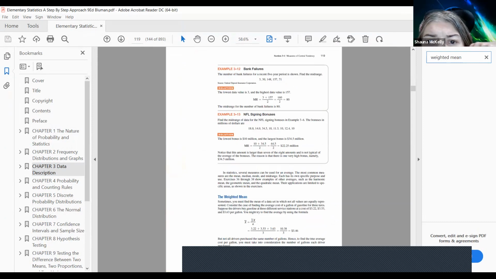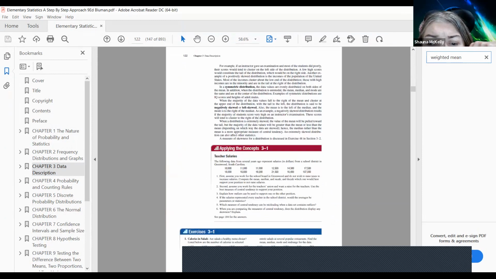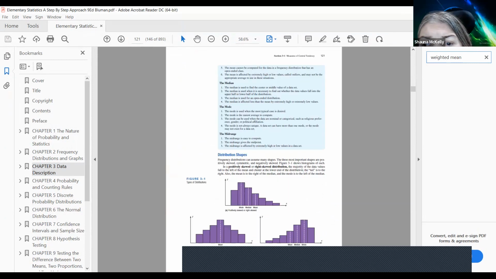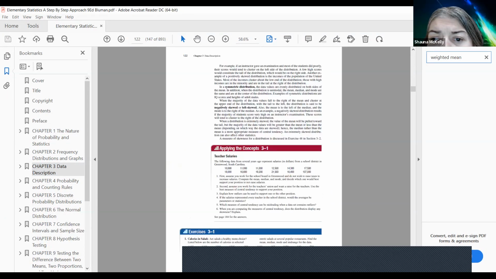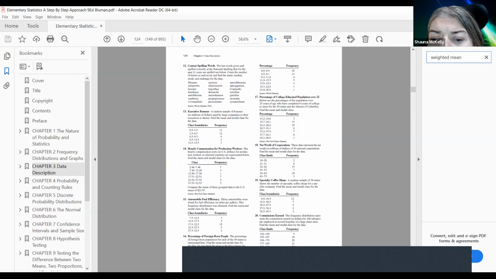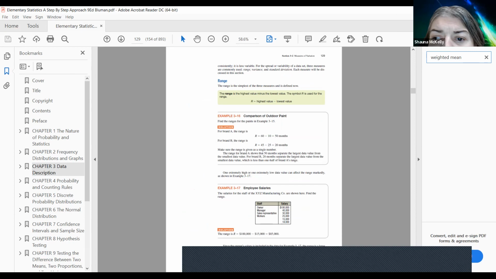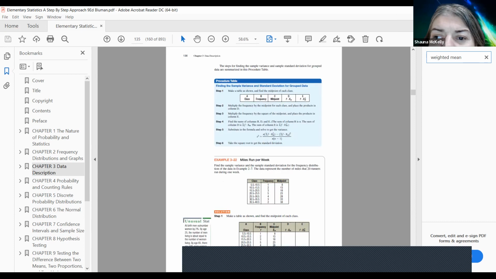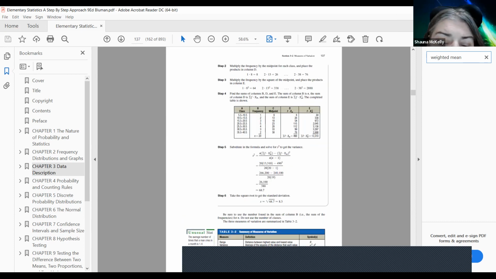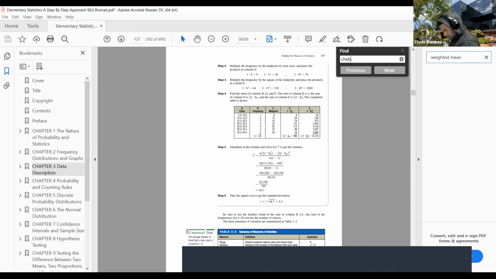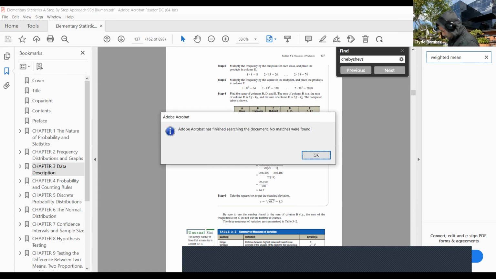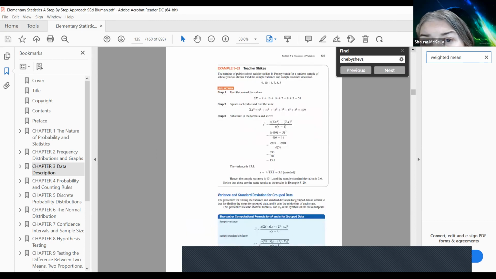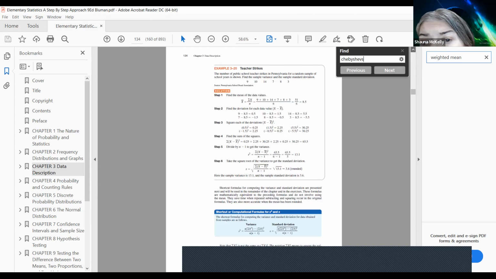Could be at the end of this, or at the beginning of 3? We'll find out. On page 134, Shauna. Yeah, I was 3 pages too far. So it's right here. There it is.